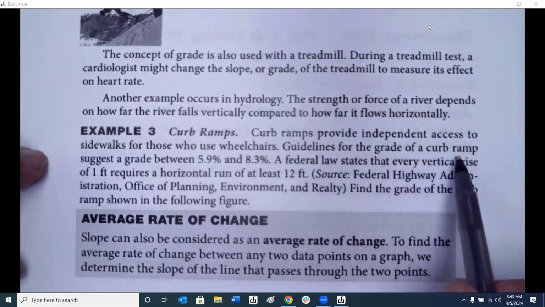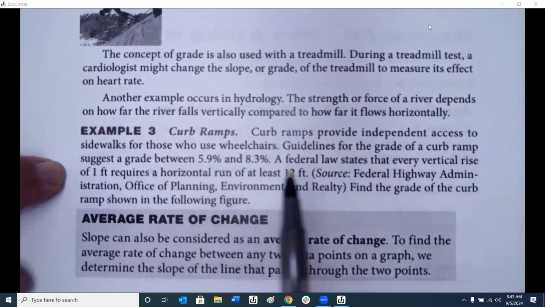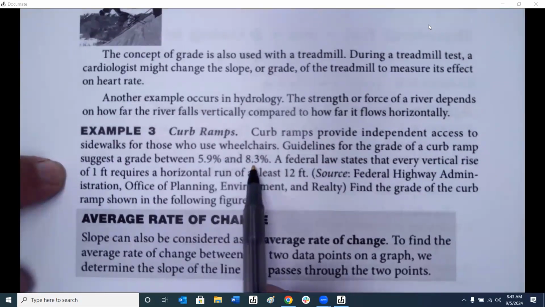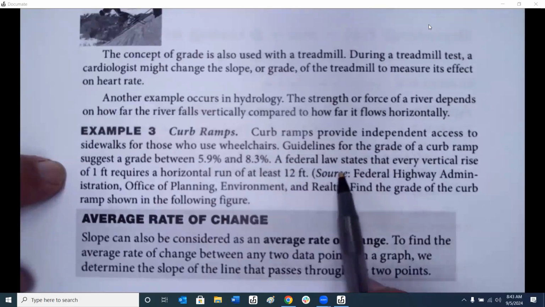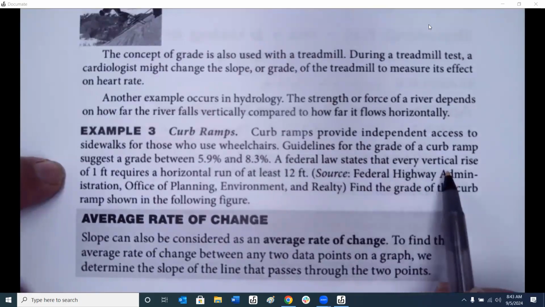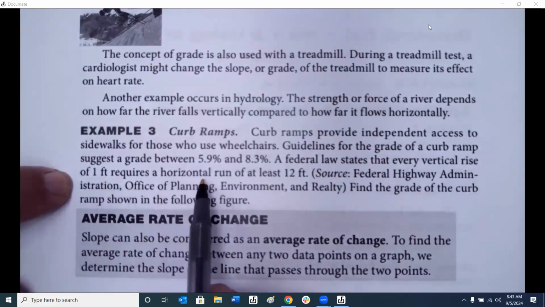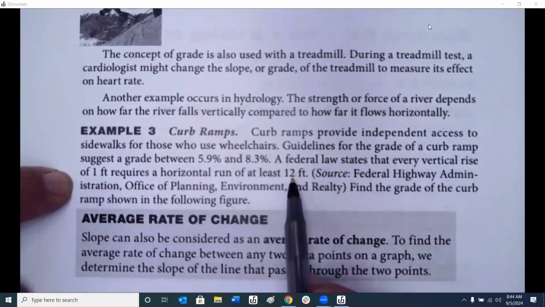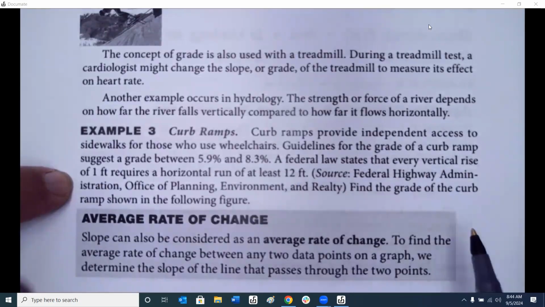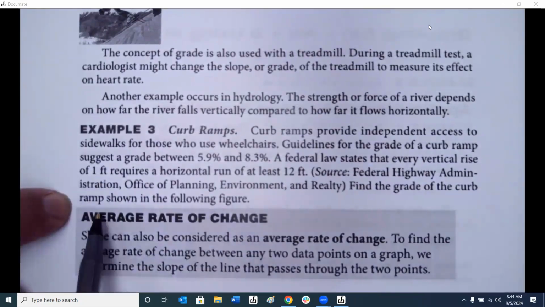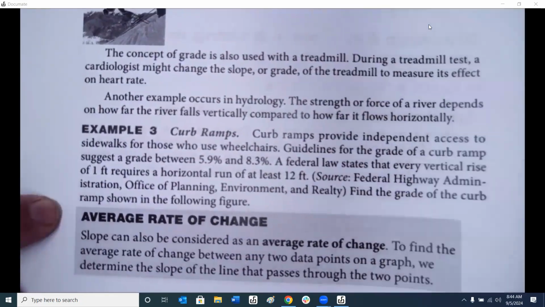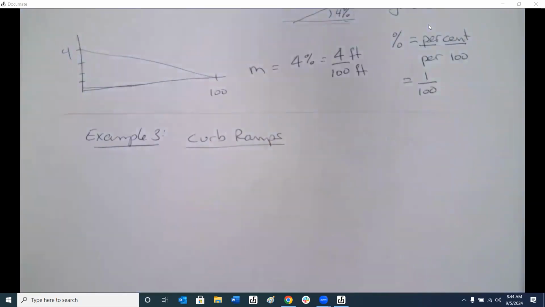Guidelines for the grade of the curb ramp suggest a grade between 5.9% and 8.3%. A federal law states that every vertical rise of 1 foot requires a horizontal run of at least 12 feet. Find the grade of the ramp as shown in the figure below. I can give you a figure.